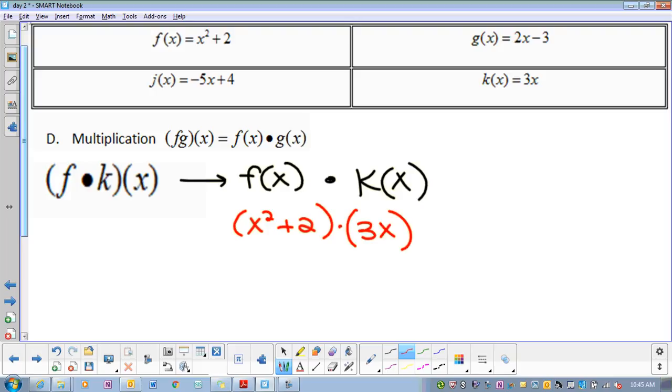So times 3x. This is nice. It's not 3 plus x, it's just 3x, right? So you just take this whole thing and multiply it to everyone in the first parentheses. You're distributing, right?